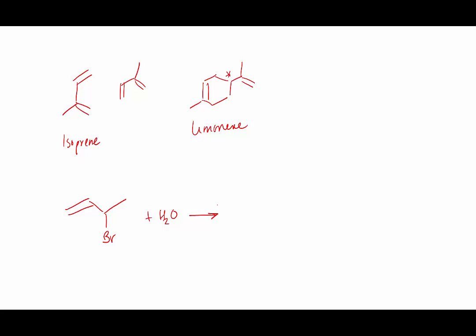This is not a 1,3 diene system, but it does have a kinetic and a thermodynamic process. So my question would be, for this molecule, could you write the mechanism and then tell me what the kinetic and the thermodynamic products look like.